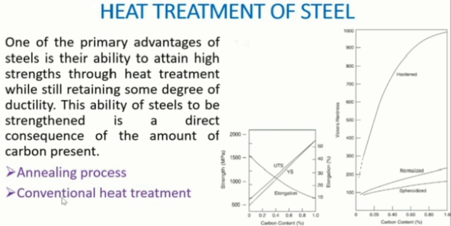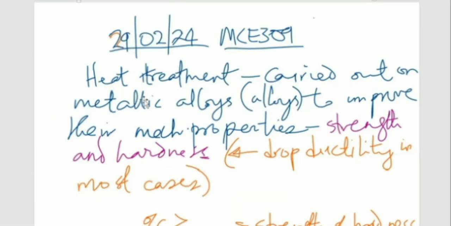So the second one here, we have two types. Annealing is these two processes, while conventional heat treatment is this. So you can see conventional heat treatment significantly increases the property of steel. Can we see it from here? I hope you can see the curve. Yes, sir. So what is heat treatment? It is carried out on metallic alloys to improve mechanical property.